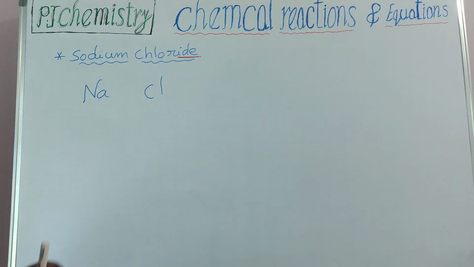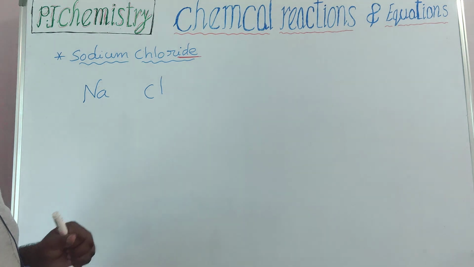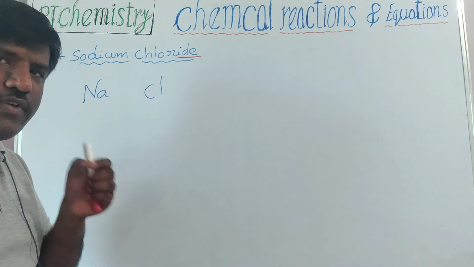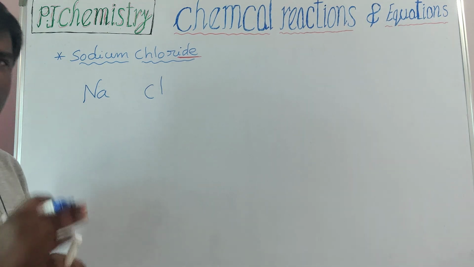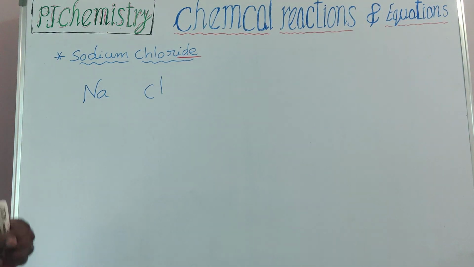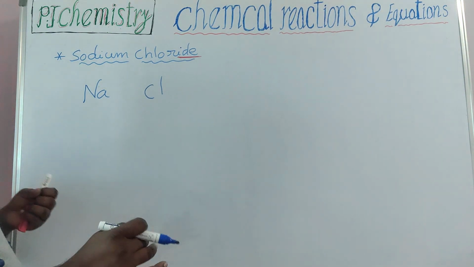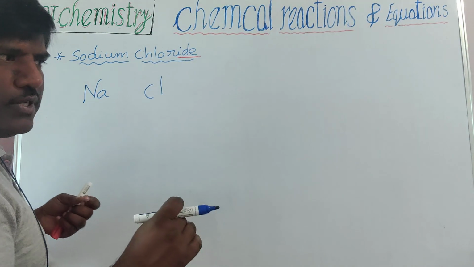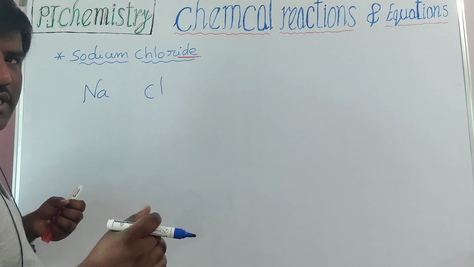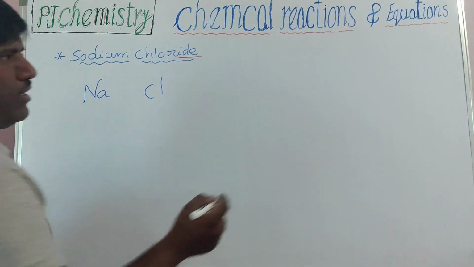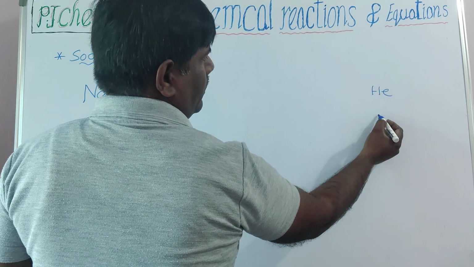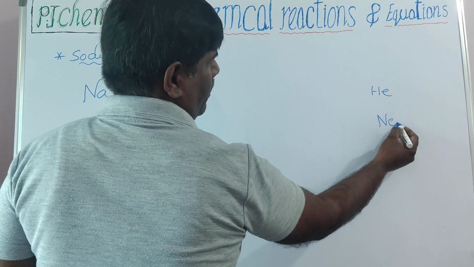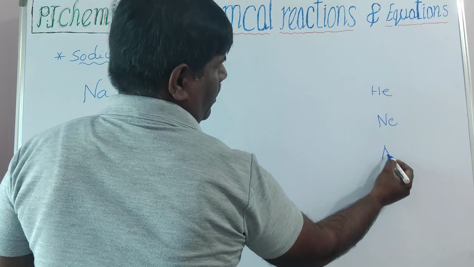After taking the particular elements' symbols, now we should write their valency. How to write the valency of the particular elements? The easy way: you already learned 30 elements' atomic numbers. In that, observe three elements: helium, neon, argon.